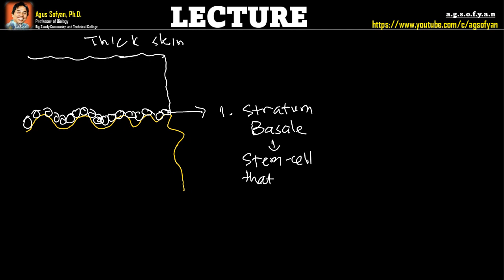that divide, okay, to produce new cells. So your skin will always be replaced by the new cells, okay, which is the stratum basale will consist of stem cells that create new cells. And these new cells will be moved to the above layer.